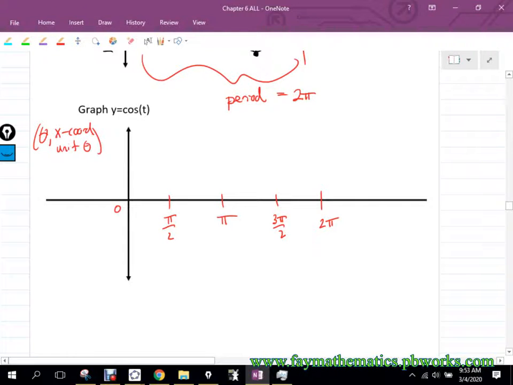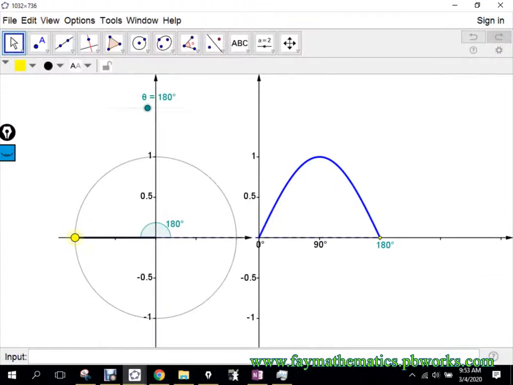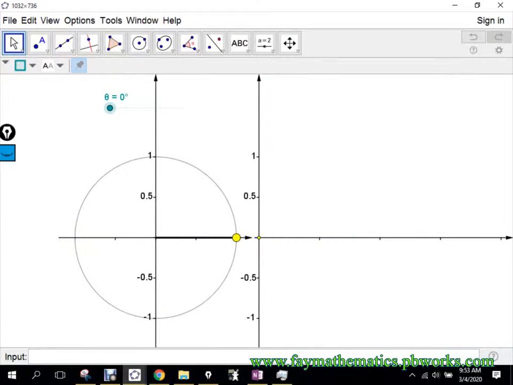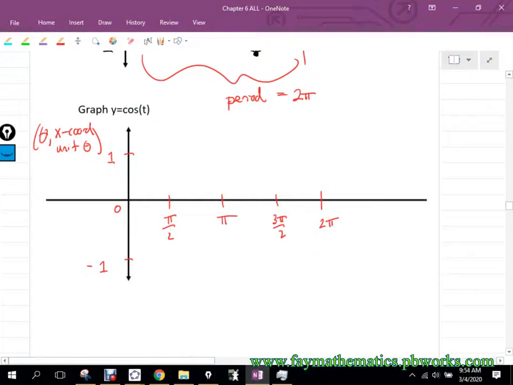So at 0 radians, what is the x value at 0 radians on the unit circle? It is 1. So if we're doing the cosine of 0 radians, what would be the x coordinate of that ordered pair? It'd be 1. So I'm going to plot 0 radians, y value of 1.